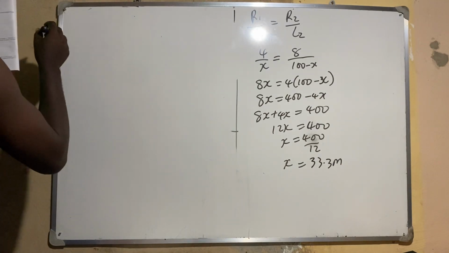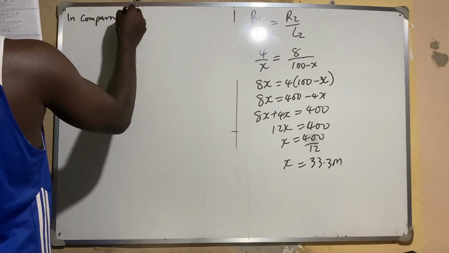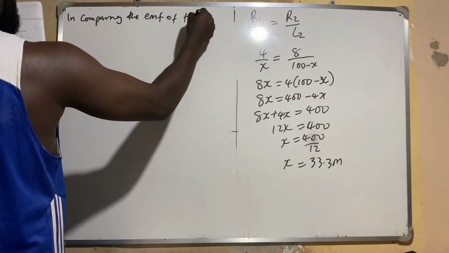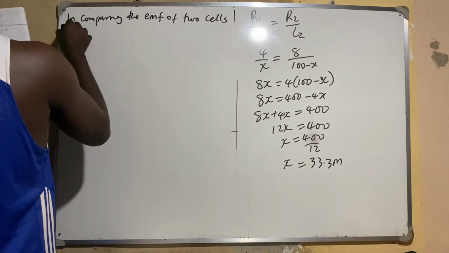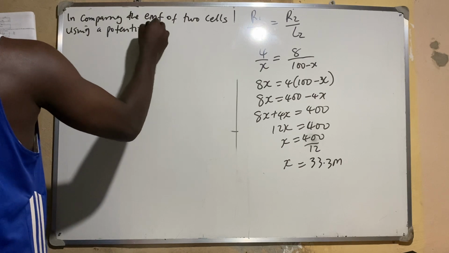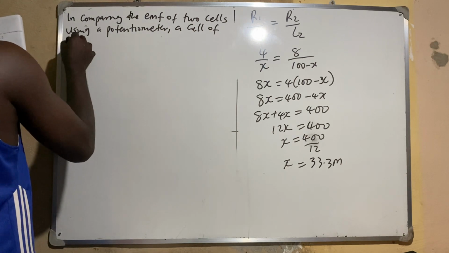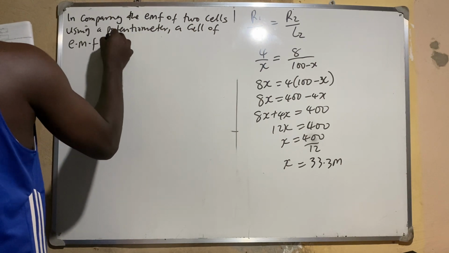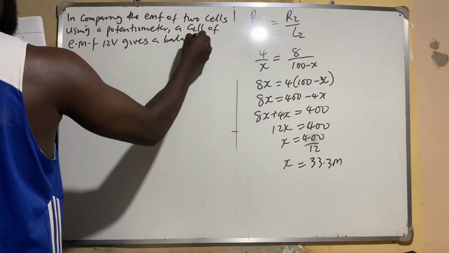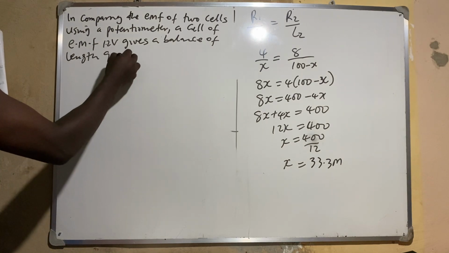So the first question said, in comparing the EMF of two cells using a potentiometer, a cell of EMF 1.2 volts gives a balance of length 90 cm.